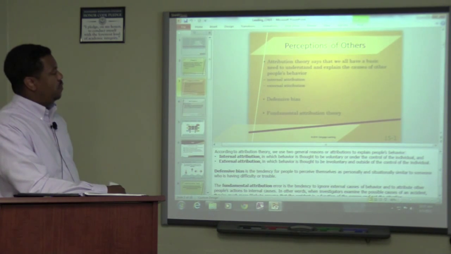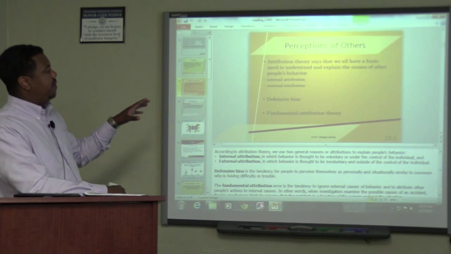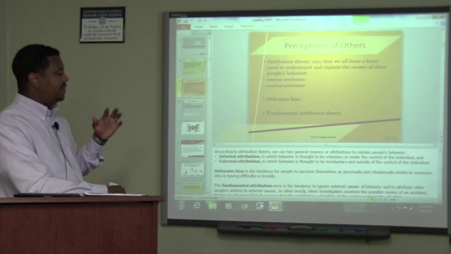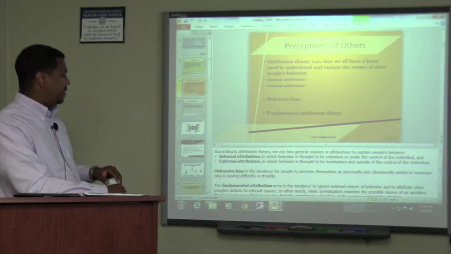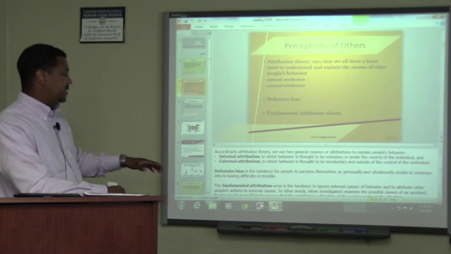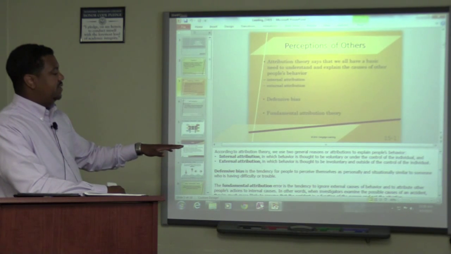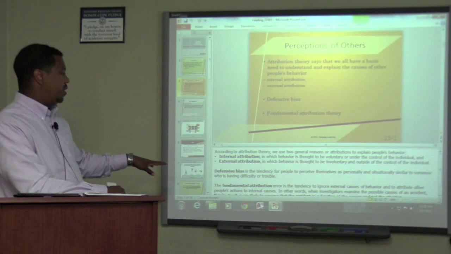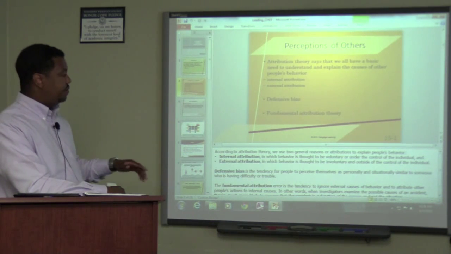From a certain standpoint, we can think about how individuals utilize their perception to make analyses about what's taking place in their environment. They can have this defensive bias, where people perceive themselves as personally or situationally similar to someone they're having difficulty or trouble with.